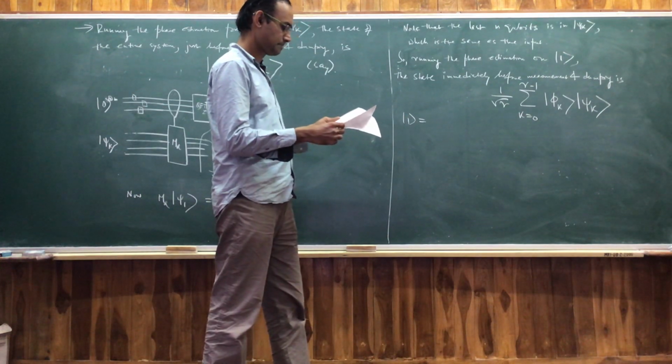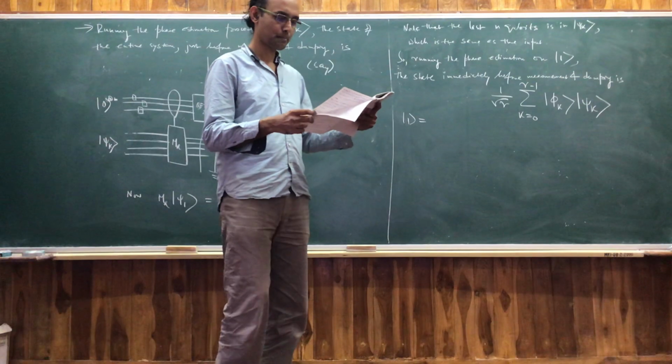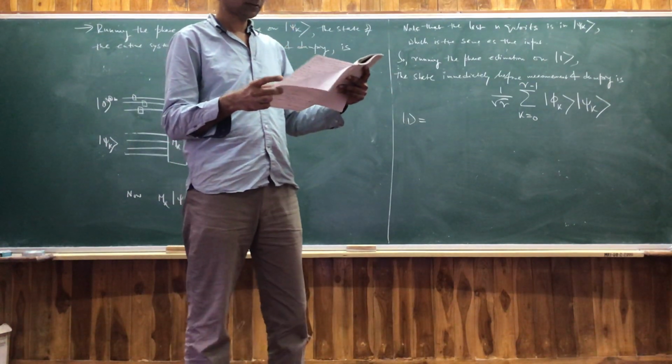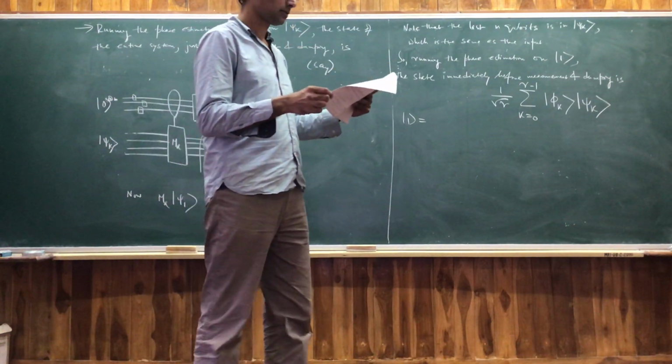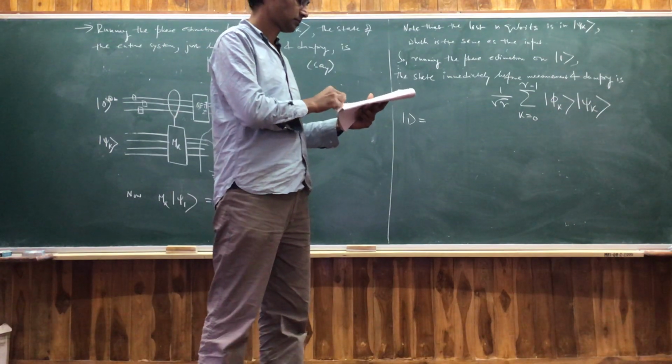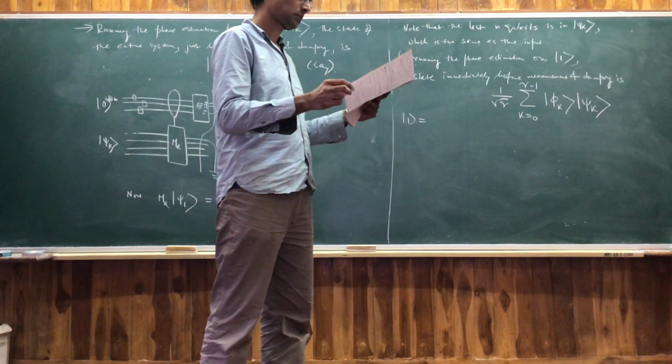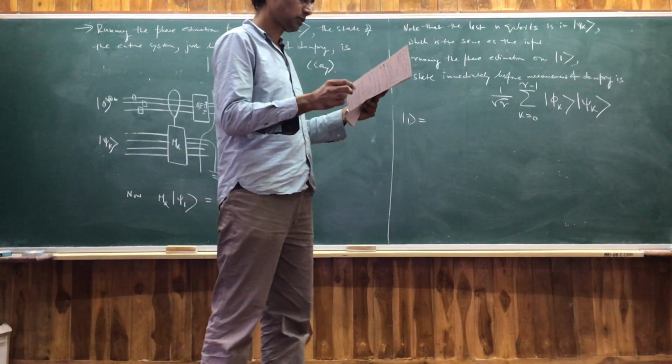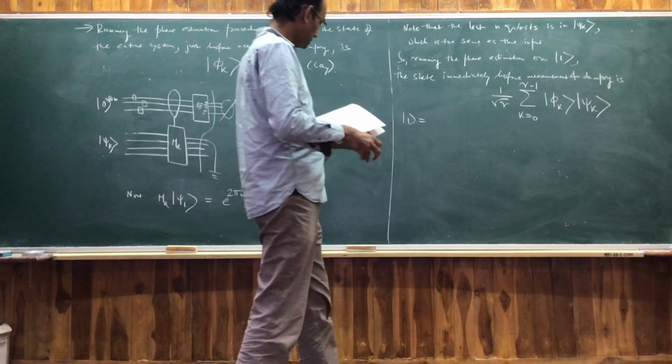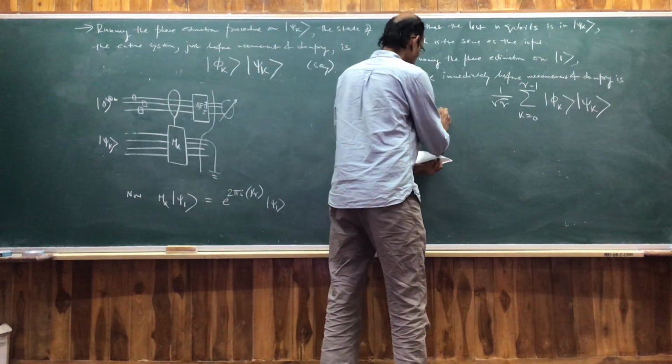Even Psi-j, the power of omega was up to R minus 1. So it's the same. Omega to the power R is 1, that is true, but what we want is whether this is true.